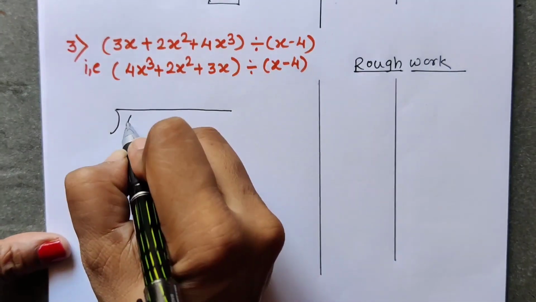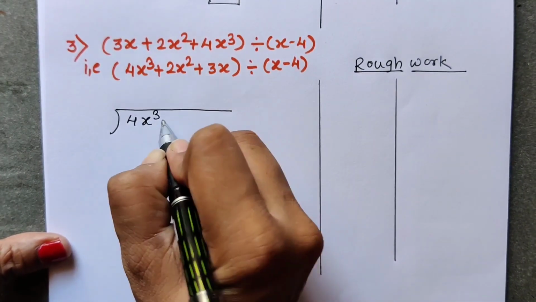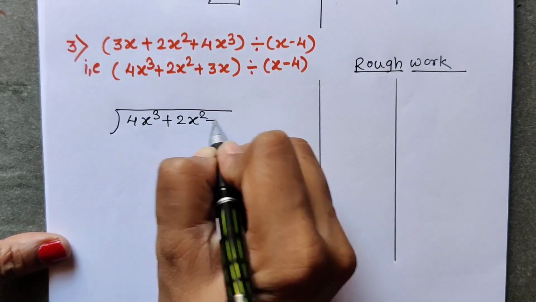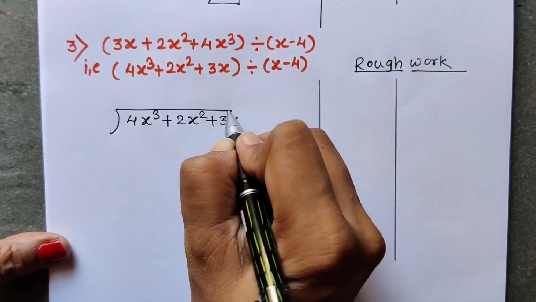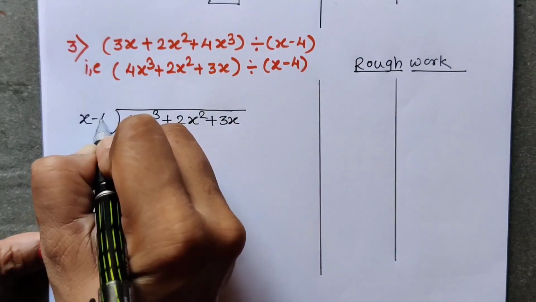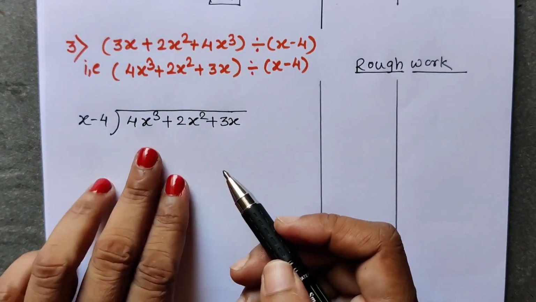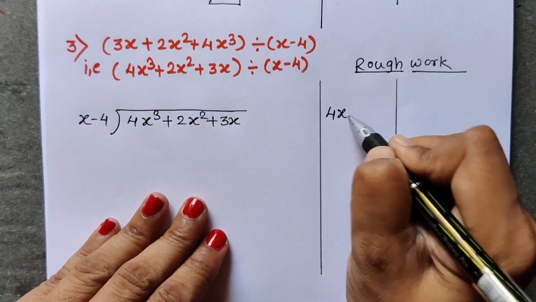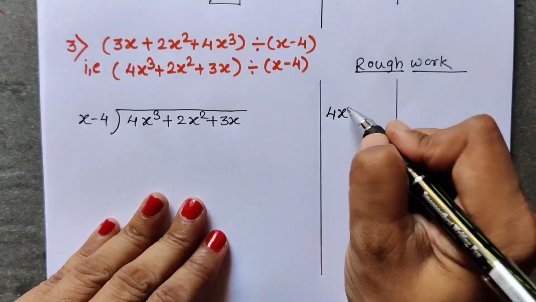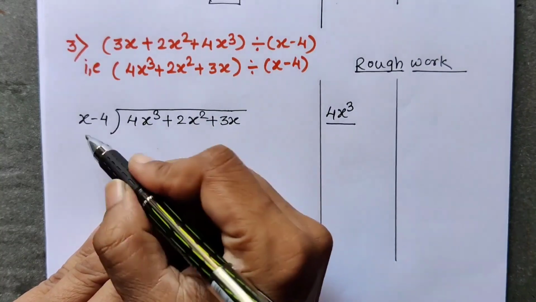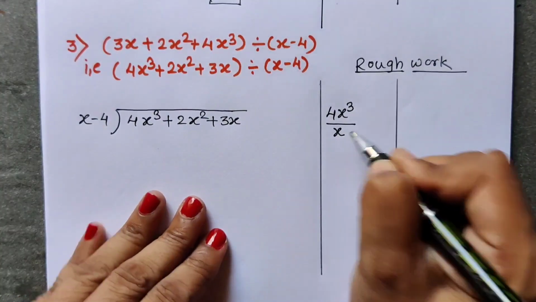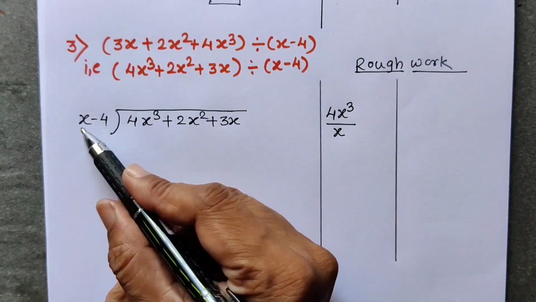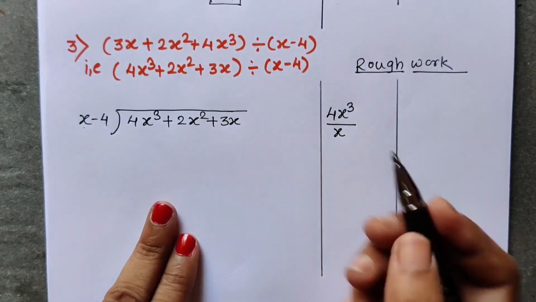Okay, so in the dividend we write this: 4x cube plus 2x square plus 3x, divided by x minus 4. Now what we have to write in the quotient, we will find out by dividing the first term of the dividend by the first term of the divisor. First term of dividend is 4x cube, divided by the first term of divisor, x.